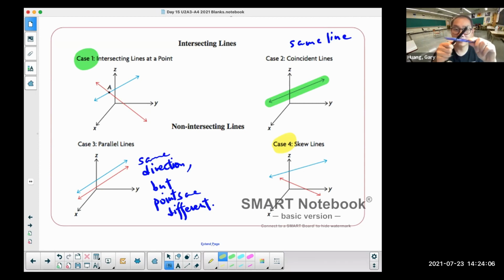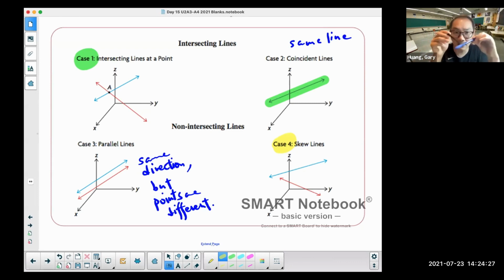Okay. So again, if I touch the 2, right, you can see that they're touching. This is intersection. If I don't touch, this is skew. If you look at it from your point of view and I turn it this way, it seems like they're intersecting. But when I turn it this way, they're not. You can tell that they're not touching. Right?